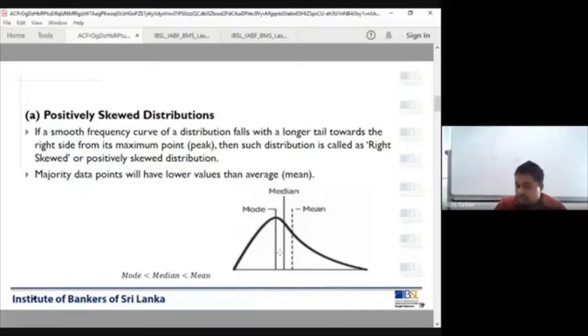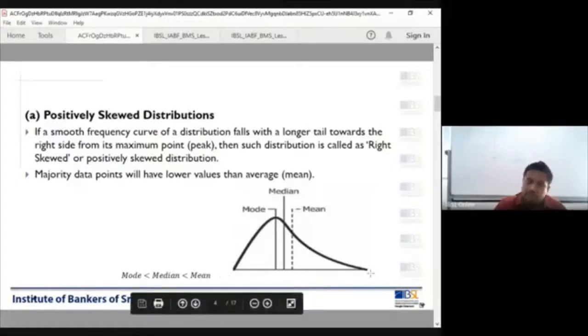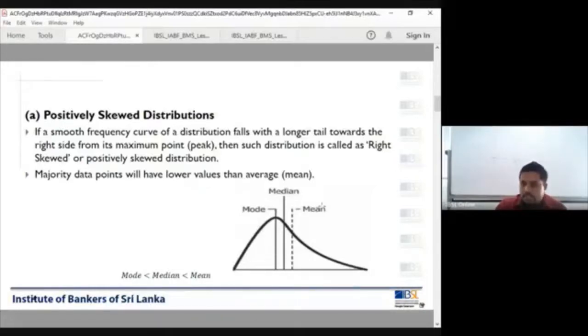What is the idea of the median? It would be the 50-50 point when you put all this data in an ascending manner. So 50% of the data will be lying from this point to the median, and the rest of the 50% from the median point to the maximum point. The mean will be the statistical arithmetic average which will be calculated and derived.